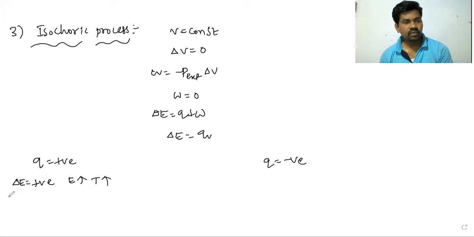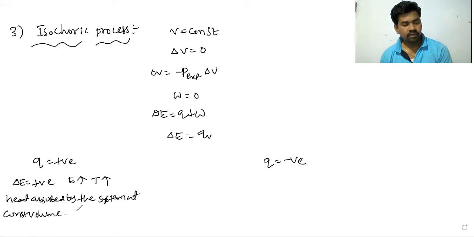So according to this, we can write: heat absorbed by the system at constant volume, because it is isochoric process, then increases internal energy, hence temperature increases.